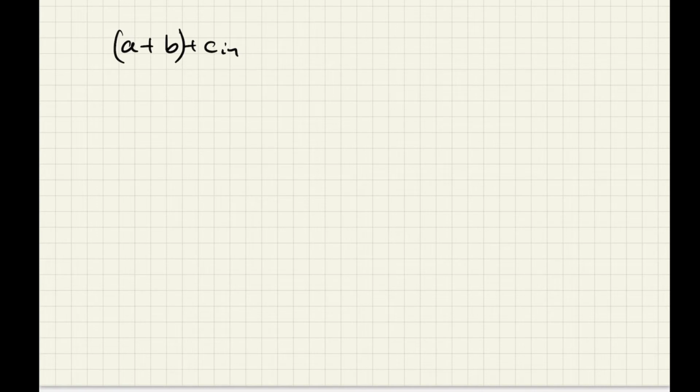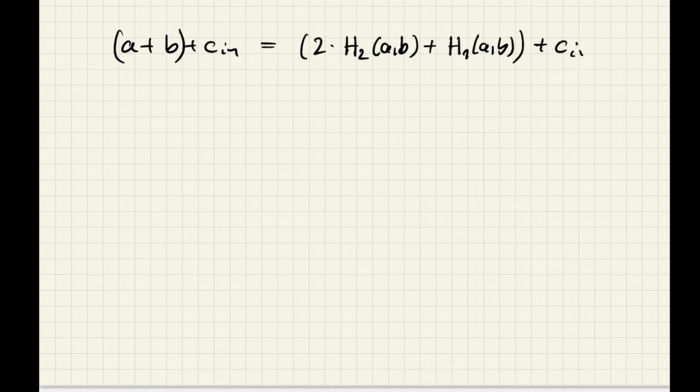And now I can write down this idea in a formal way. A plus b is 2 times the carry bit that we get from the first half adder. That means h2 of ab plus the sum computed by the half adder, h1 of ab. And to that we want to add c in. Now in order to make this a bit more easy to write down, I will rename things.